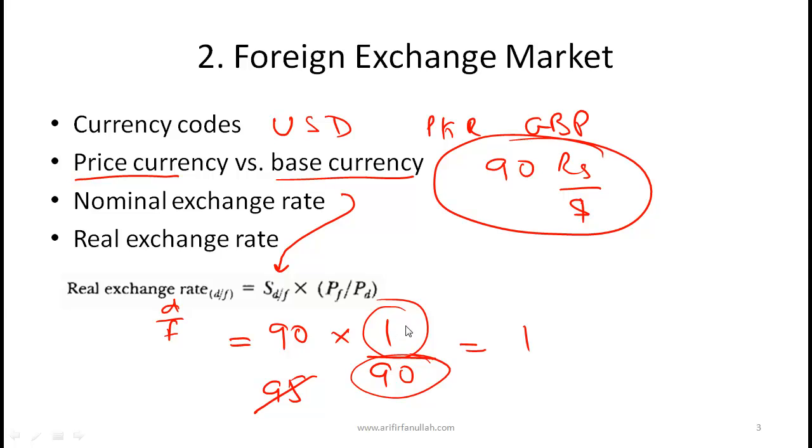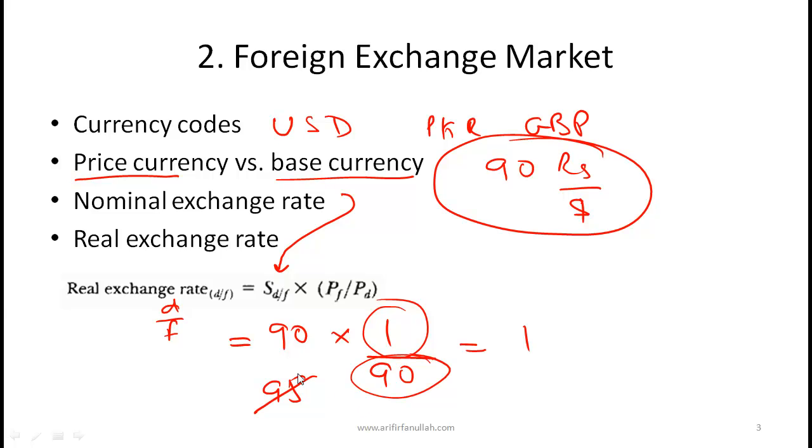If incomes in the US go up by 10%, but the spot rate and Pakistani prices stay the same, aren't Americans more able to buy in Pakistan? So Pakistani goods become cheaper for them. That means in real terms, the US dollar has strengthened, because for Americans it becomes cheaper to buy squash balls and whatever else in Pakistan.